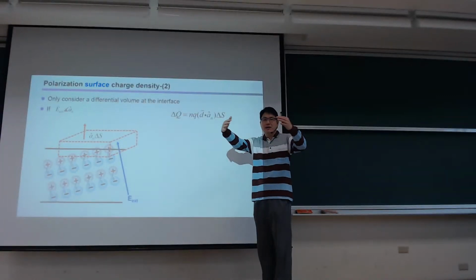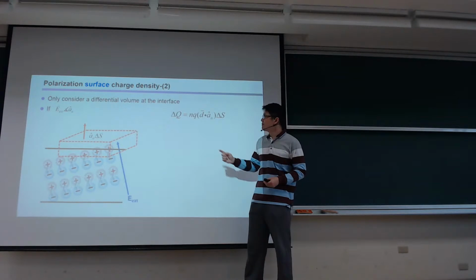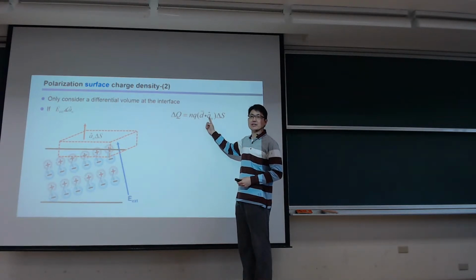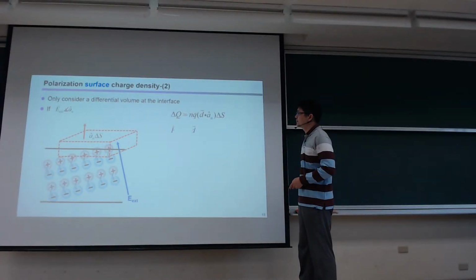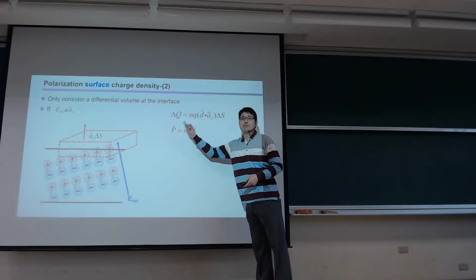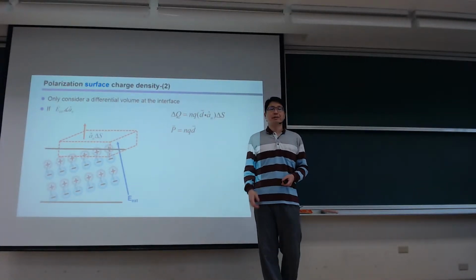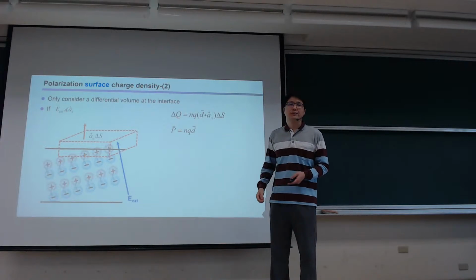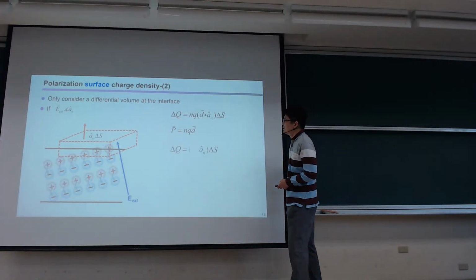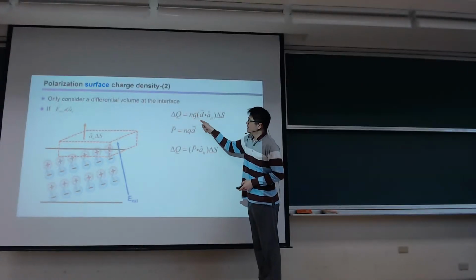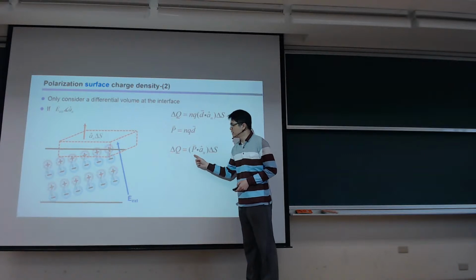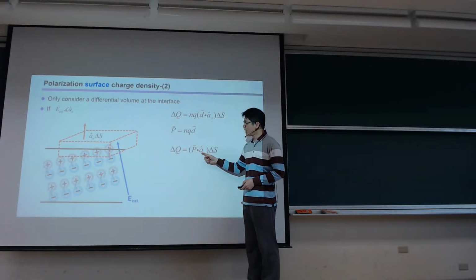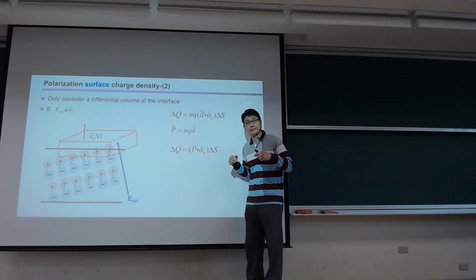So that's the total amount of electric dipoles effectively pointing in the direction along my surface normal. Okay? But this Nqd is just my polarization vector, by definition. So I can reform this equation: the amount of charge enclosed is my polarization vector, making a dot product to the surface normal, and then multiplied by the surface area.